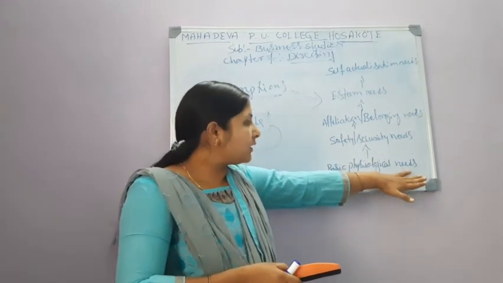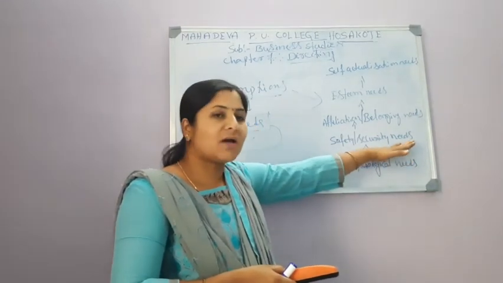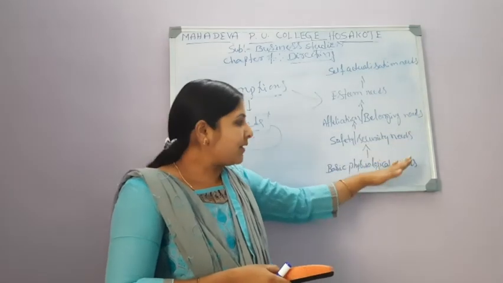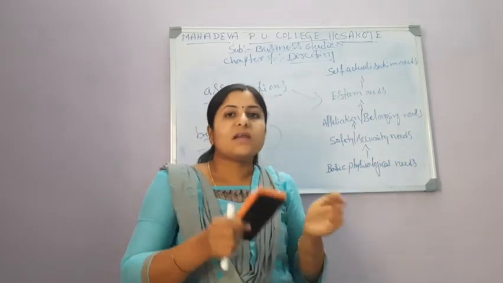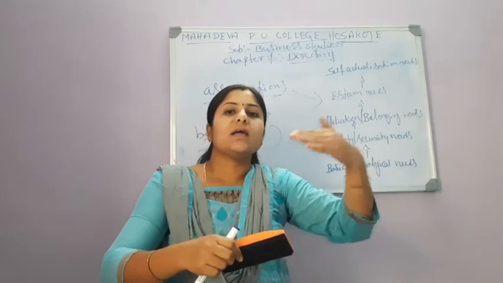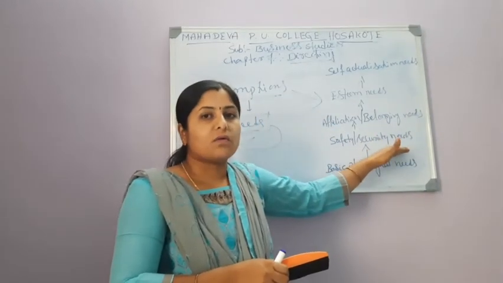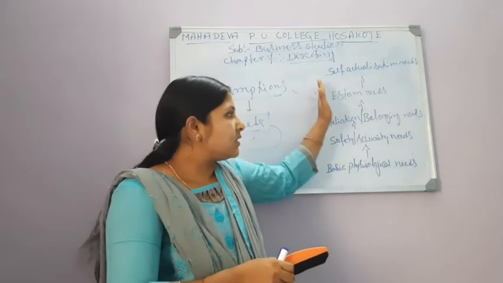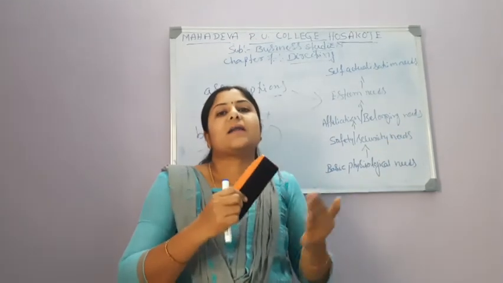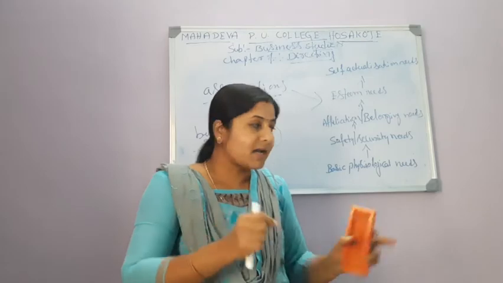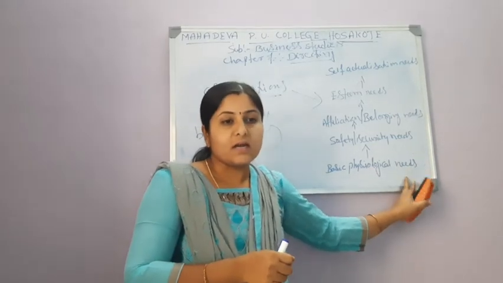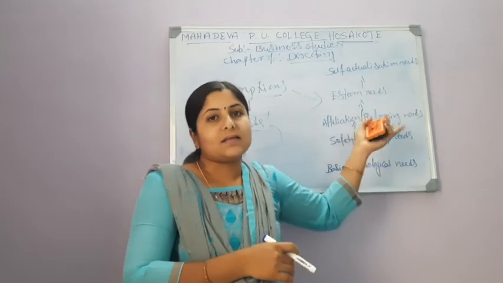Without fulfilling these needs, it is not possible to move to another need. So when people fulfill the lower level needs, only after that can they move to the higher level needs. That's why these needs are in hierarchical order, starting from the basic need and moving to another need.